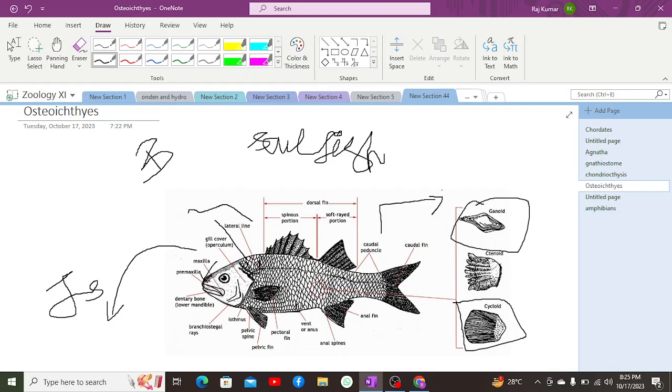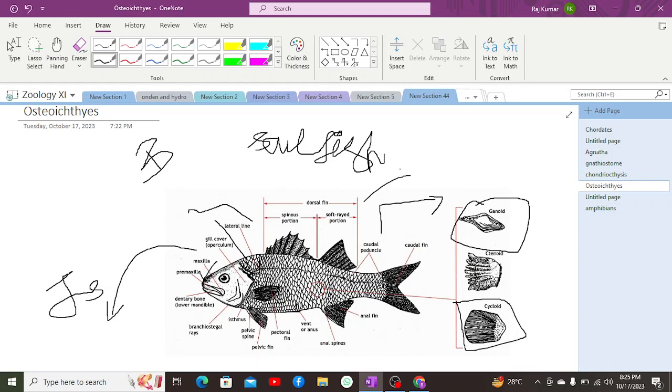They are having swim bladders present inside their body, air bladders which have air filled inside them. That air includes gases such as oxygen, carbon dioxide, or nitrogen.